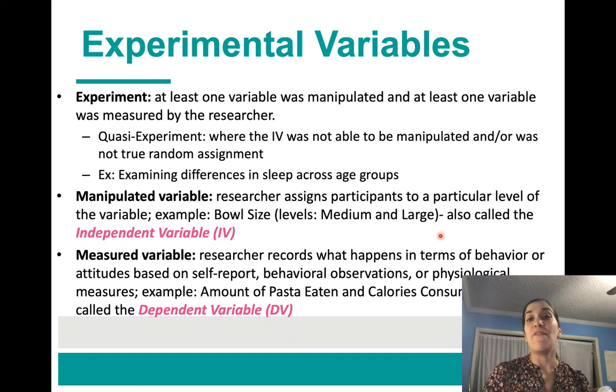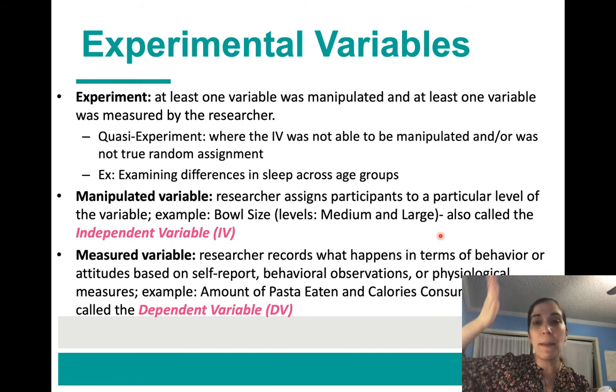And so if I wanted to see differences in sleep across age groups, both of those variables are technically measured. But if I take people's measured variable of age and I split them upon this variable, then it becomes what we call a quasi-experiment, where the independent variable is not able to be manipulated, but we can split people up on it. I can say teenagers are 12 to 19, adults are 20 to 40, older adults are 41 to 65.